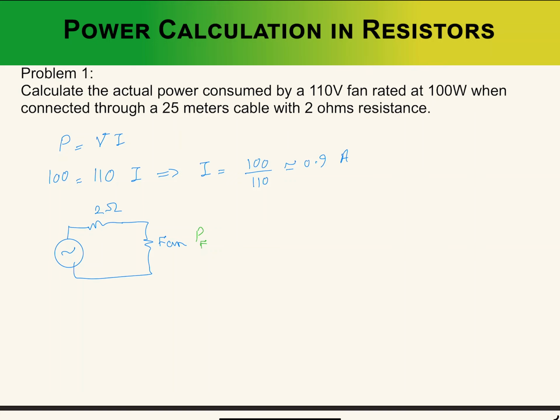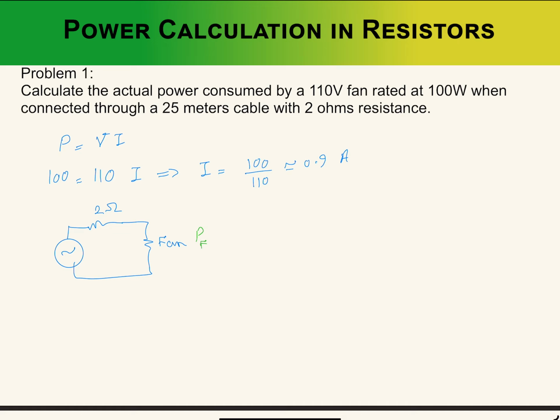So we know the amount of current passing through this fan. And if you want to find the same current passing through the resistor, we can find the voltage drop across that resistor.